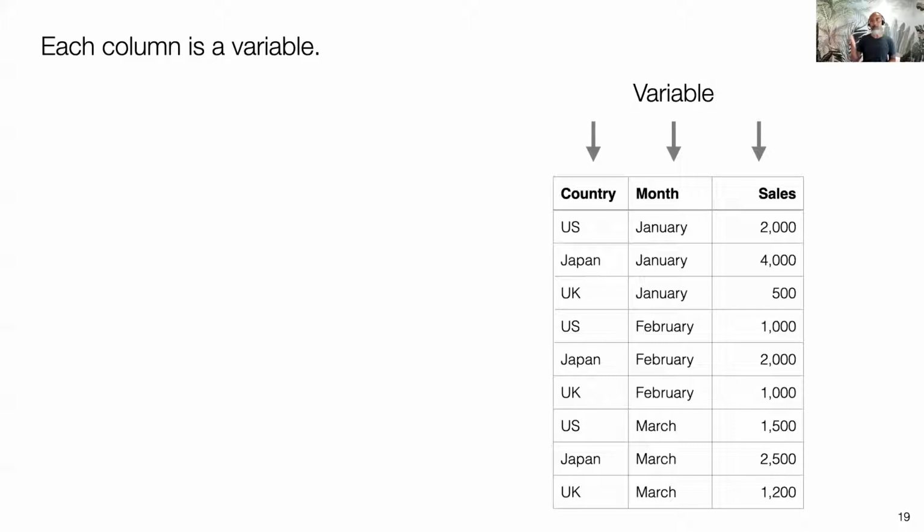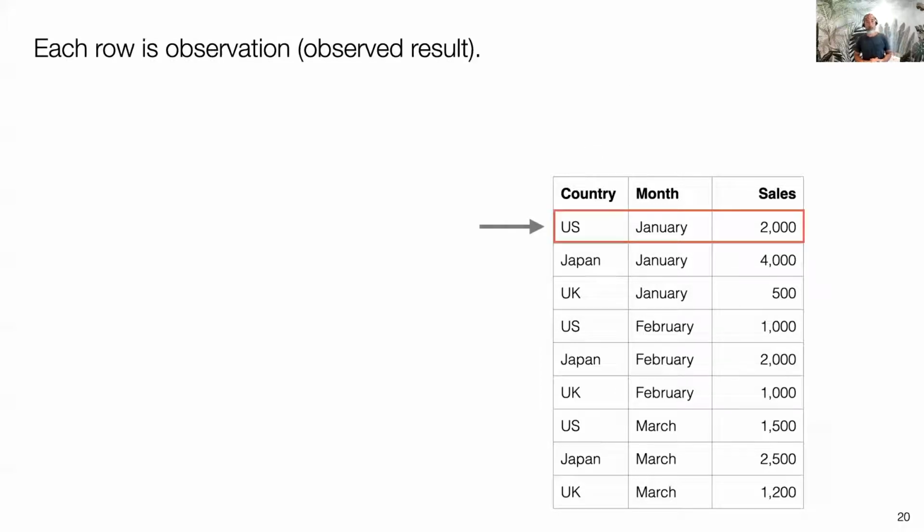Each column is a variable, meaning, for example, in this case, country, month, sales. These are sales data, and these are called variables. A variable means one column whose value can change, like how it changes. So that's a variable. Now each row is an observation.